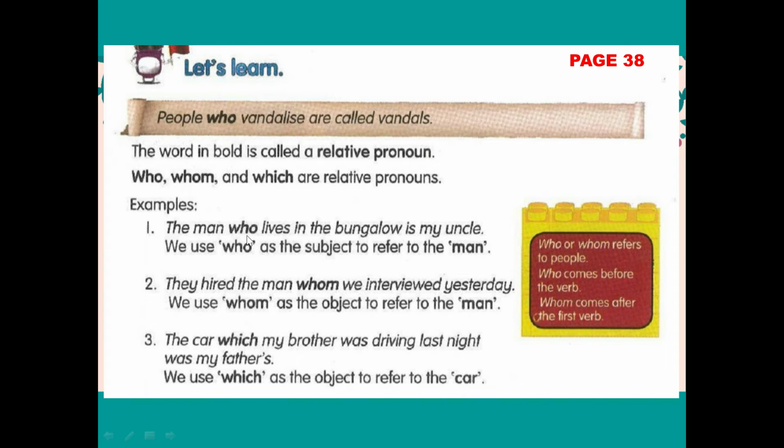Whereas for who, there are no pronouns here. Tak ada pronouns here, tak ada kata ganti nama. Okay, so it's easier for you to identify or when you make sentences later on. Okay, but you must know that who and whom are used for people. Okay, so khas untuk orang sahaja.